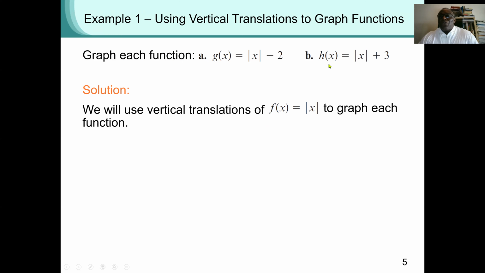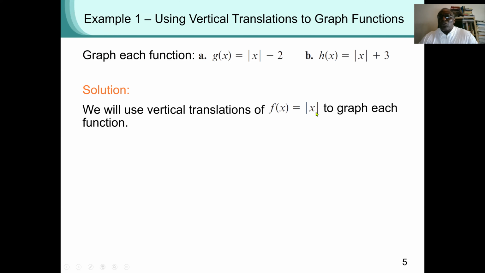The second one, we have h of x equal to absolute value of x plus 3. I'm going to translate it upward 3 units. So we are going to use the vertical translation of f of x equal to absolute value of x.